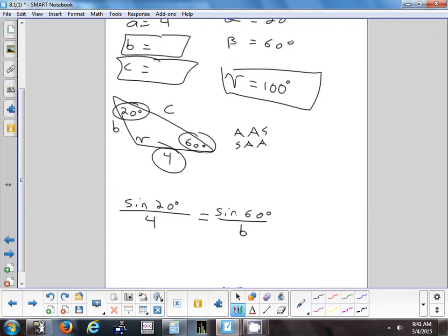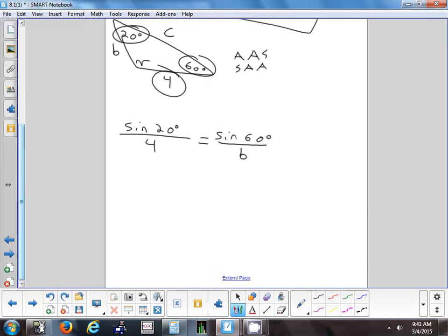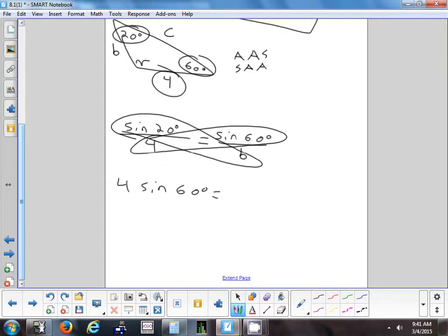What's the technique to solve a proportion? What do you do? Okay, cross multiply. So we get A sine 60 equals B sine 20. Okay, our last step is going to be to divide by the sine of 20.